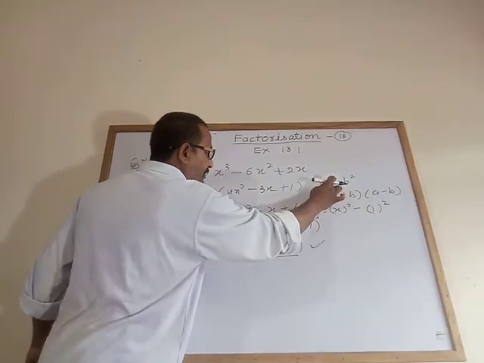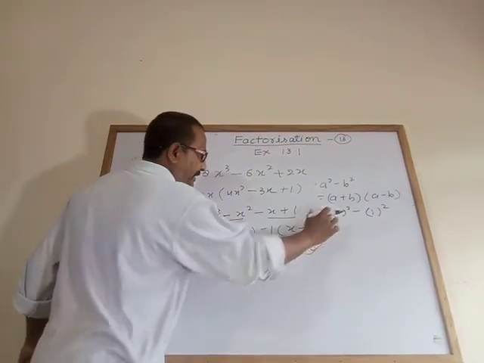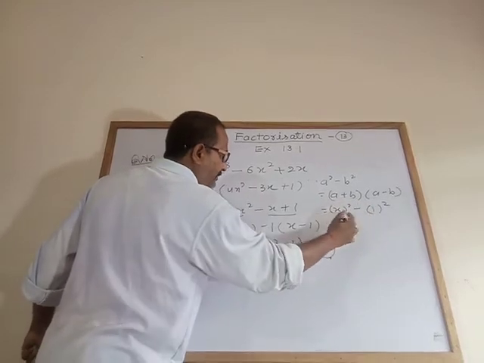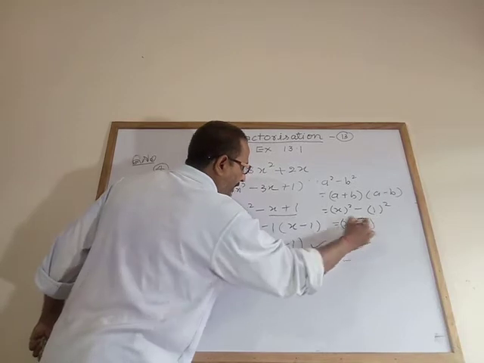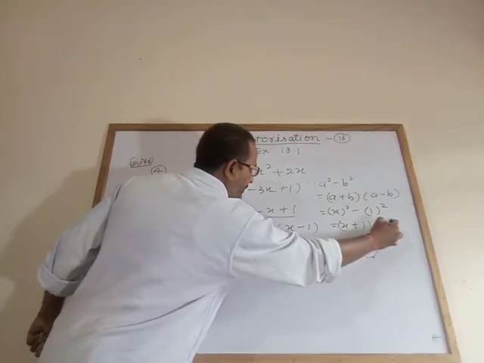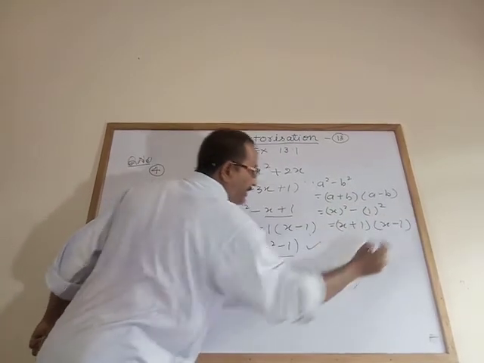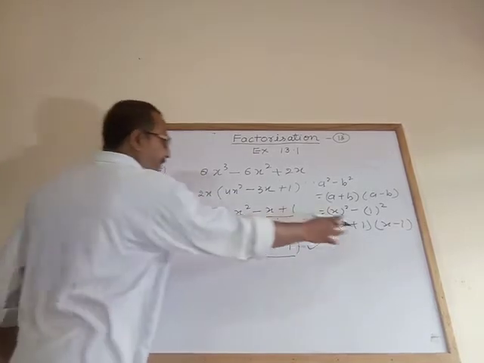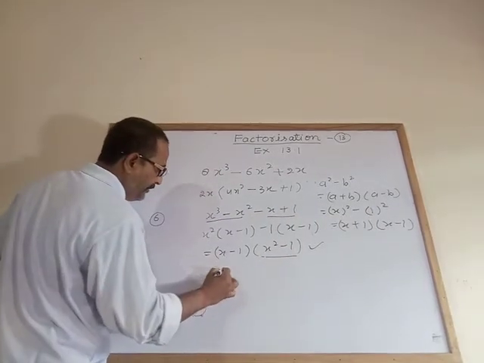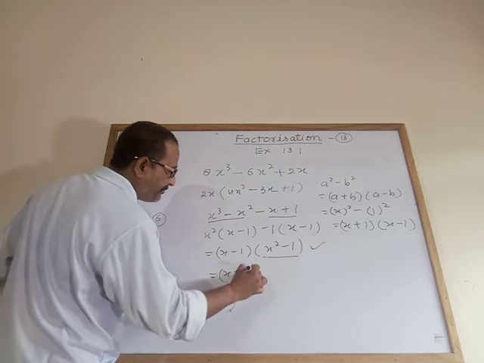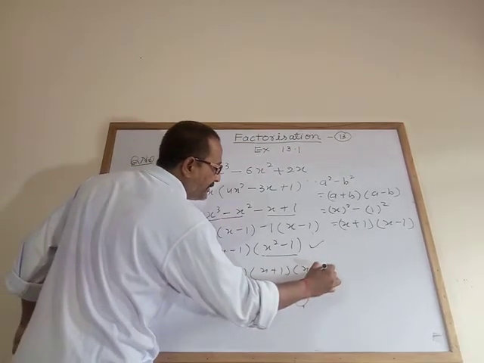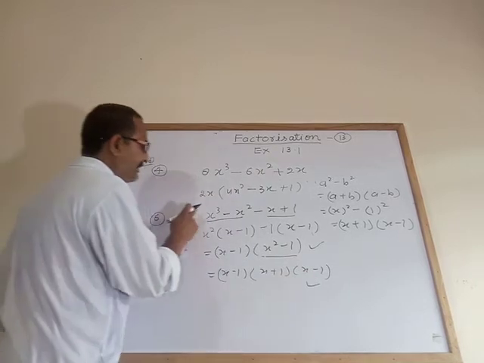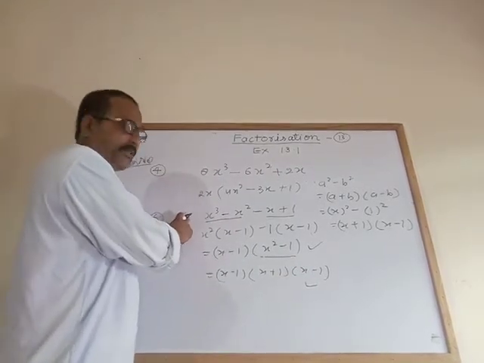Same as a square minus b square, here it will be a plus b, x plus 1, and the other term a minus b, x minus 1. So you can write this one now: x minus 1, here x plus 1 and x minus 1. This is the factorization of this question.